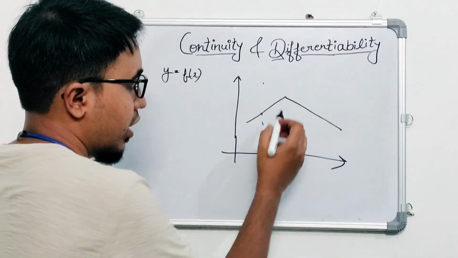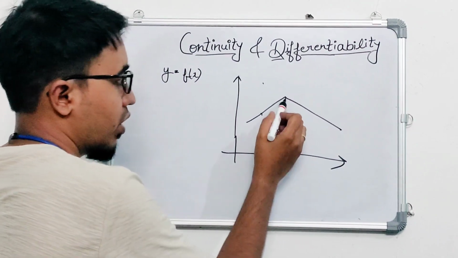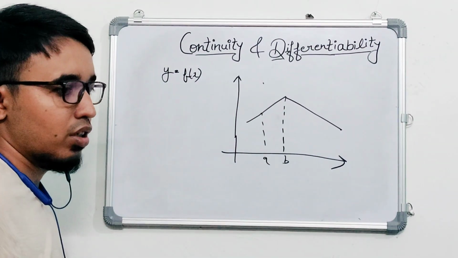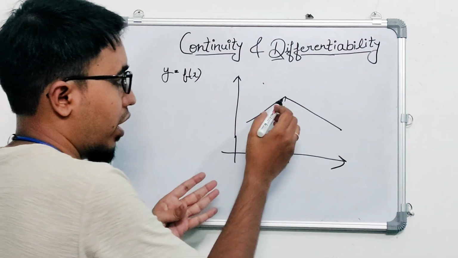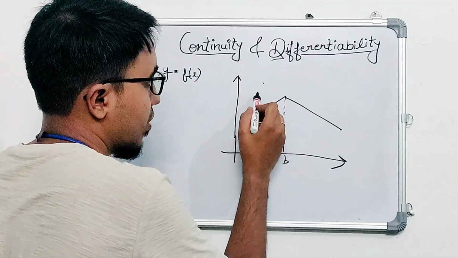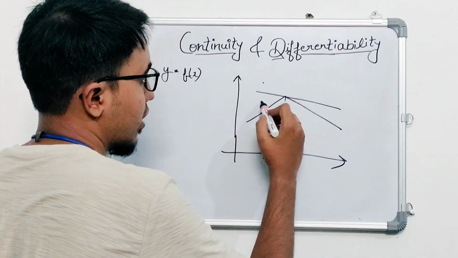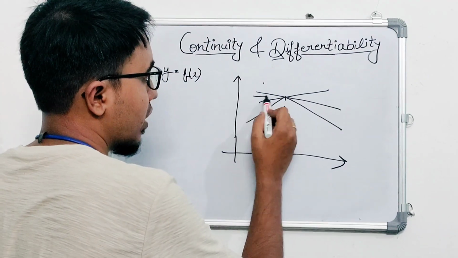But what is the tangent at this point, suppose this is point B? I can make a tangent like this, but I can also make it like this, and also like this.